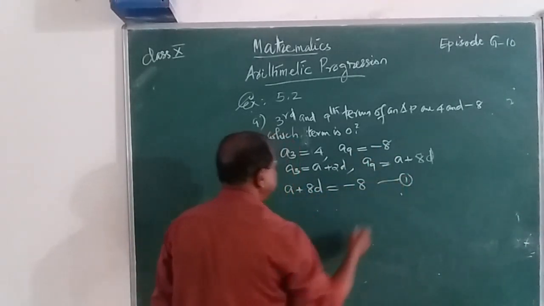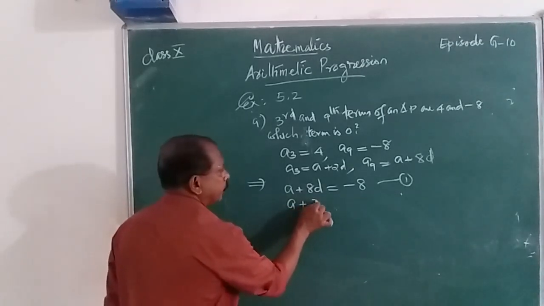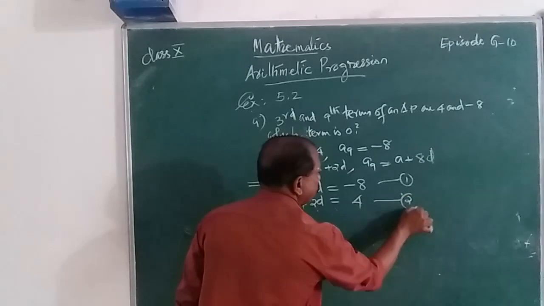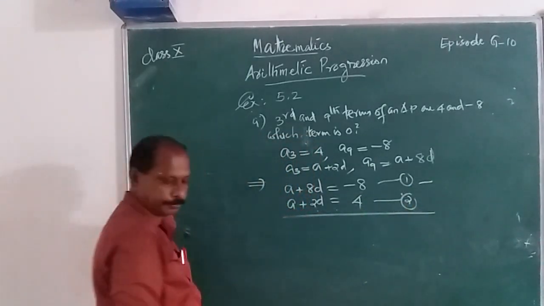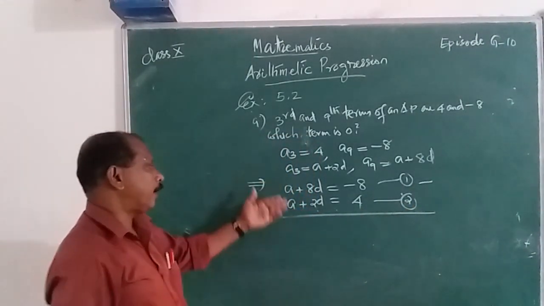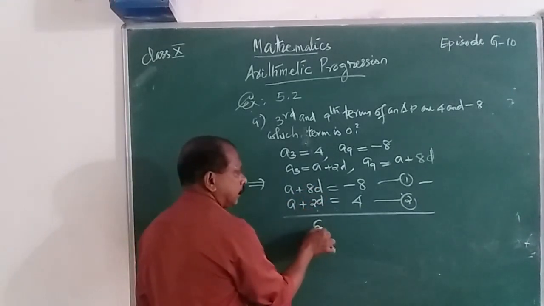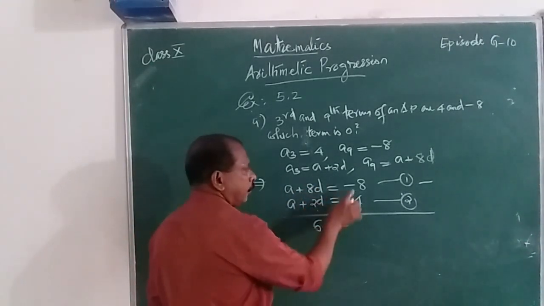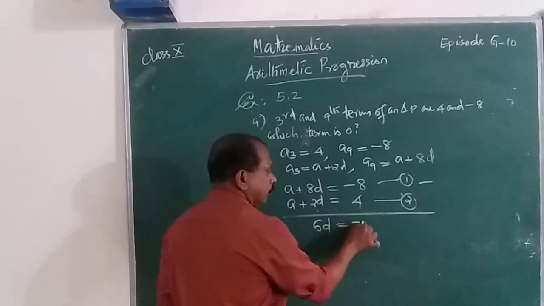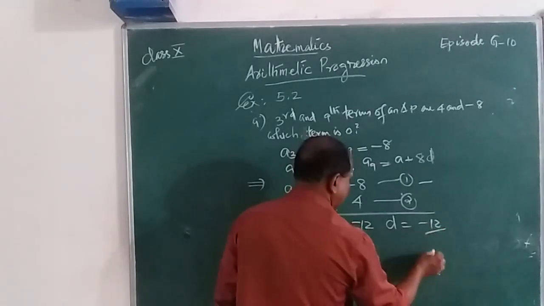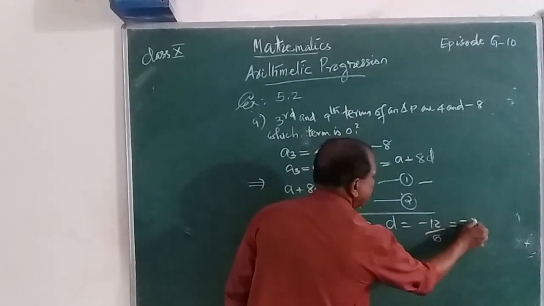Equation number 1: A plus 2D is equal to 4. Equation number 2. Subtract. A cancels. 8 minus 2, 6D is equal to minus 8 minus 4, that is minus 12. Therefore, D is equal to minus 12 by 6, is equal to minus 2.